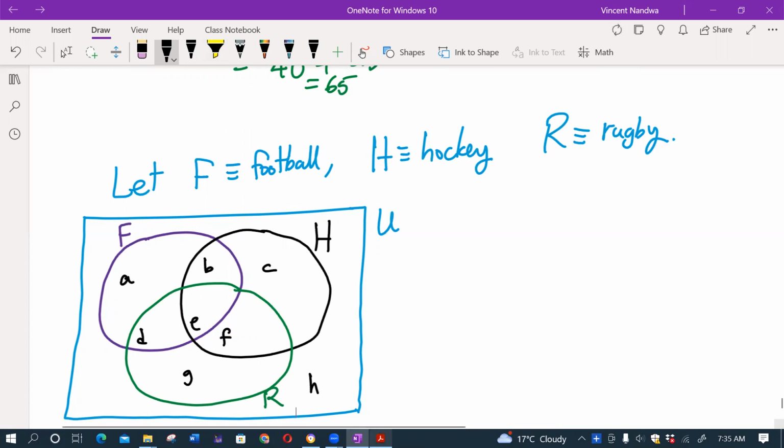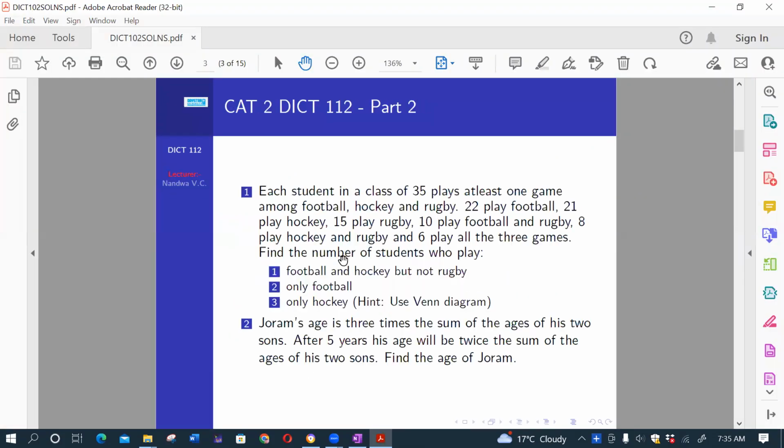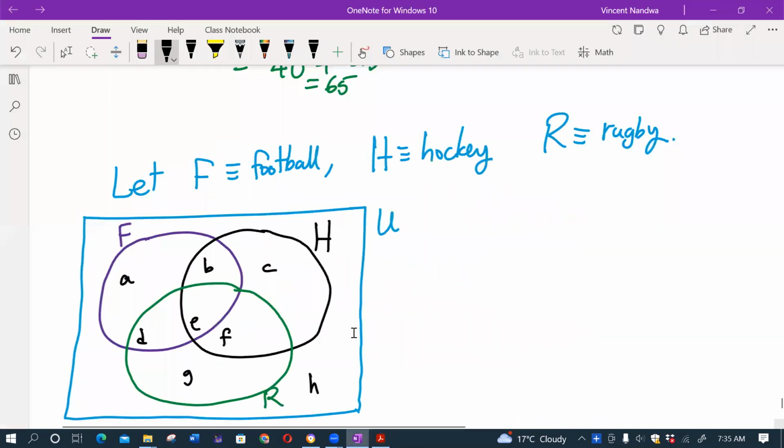And you see in this question, we have been told that each student in a class of 35 plays at least one game among football, hockey, and rugby. So all the 35 students must be in some part within the 3 circles.